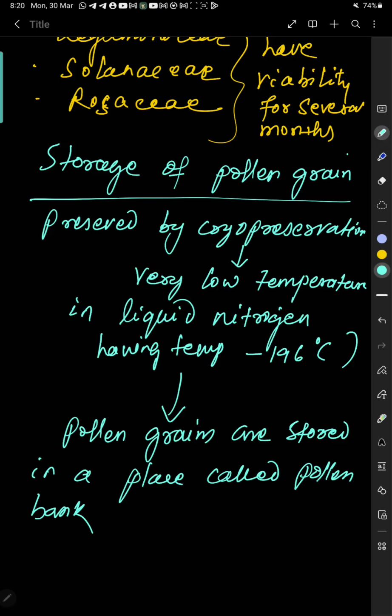So why it is required, what is the advantage of storing the pollen grains?